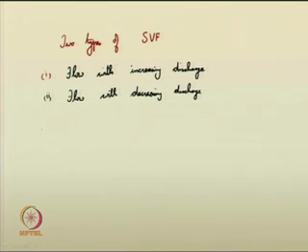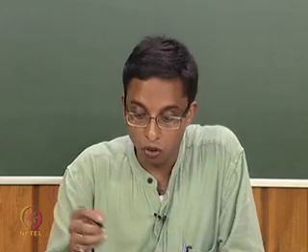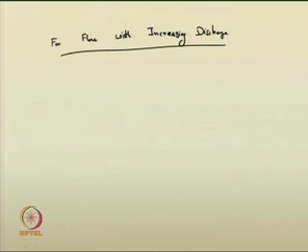Now, what happens for flow with increasing discharge? As you have noted in the previous standard step method for non-prismatic channels, you have to incorporate eddy losses. Similarly, for flow with increasing discharge, if water is flowing through a particular channel and other discharges are coming into it, due to the mixing there will be turbulent action.